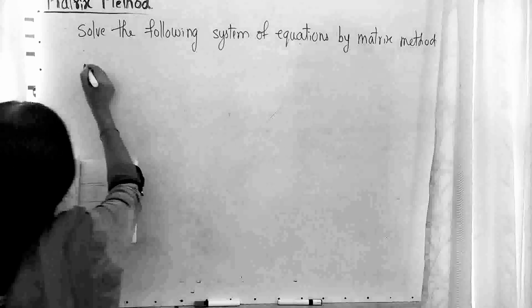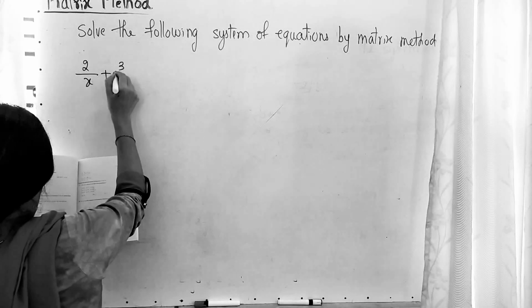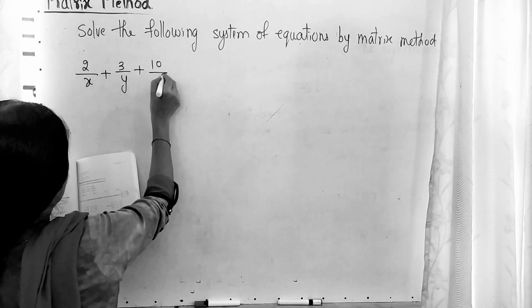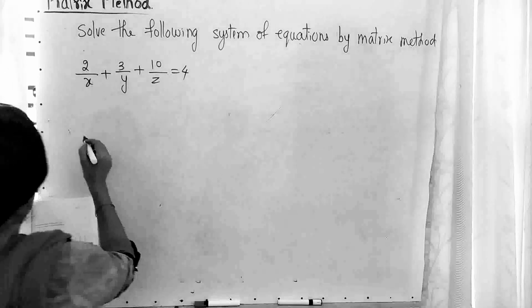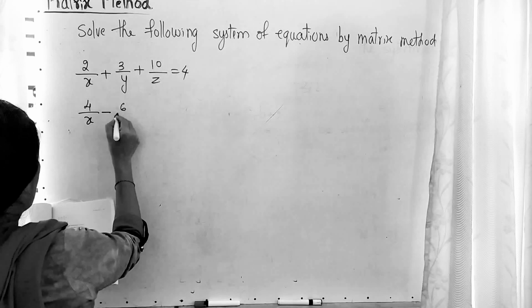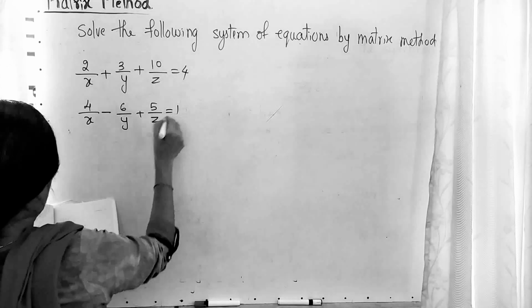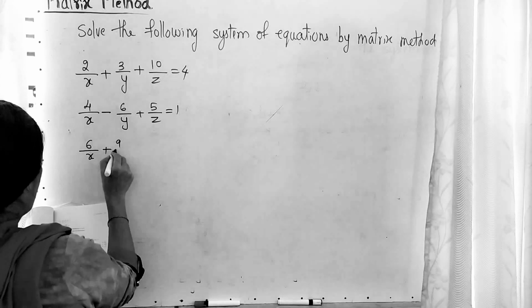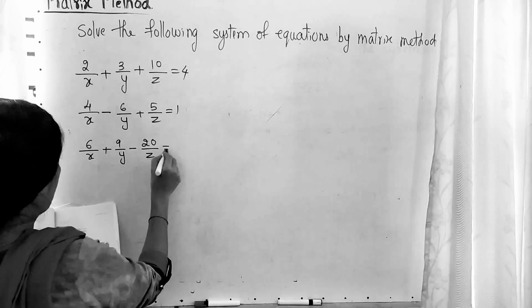And the question is like this: 2 by x plus 3 by y plus 10 by z is equal to 4. 4 by x minus 6 by y plus 5 by z is equal to 1. Next, 6 by x plus 9 by y minus 20 by z is equal to 1.